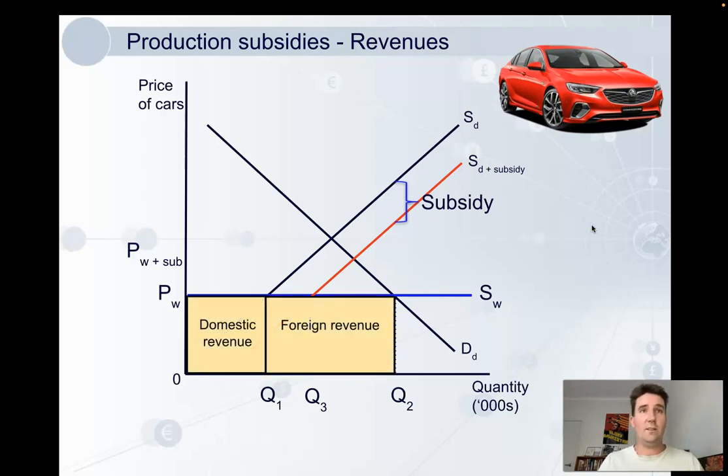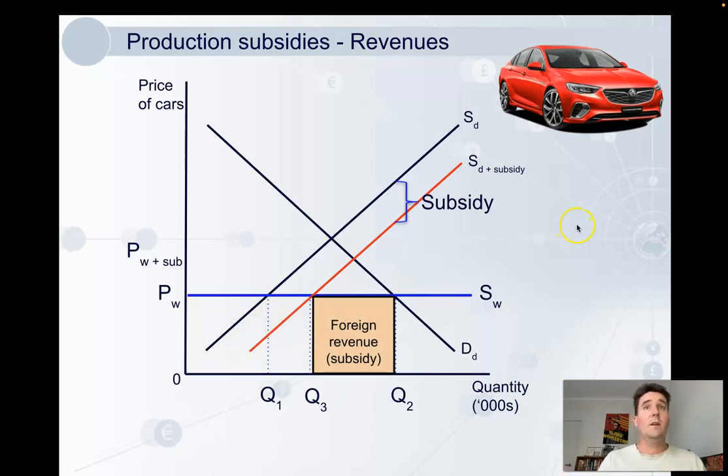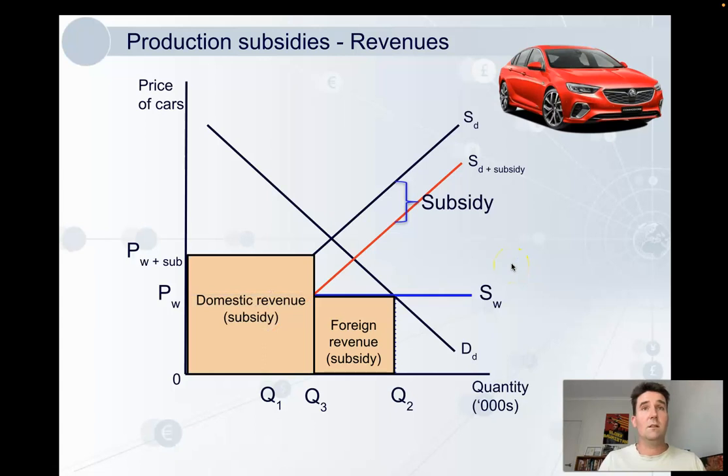Foreign revenue shrinks due to the subsidy because they don't sell as many anymore. Domestic producers are the big winners here. Not only do they sell more cars, but they also get that subsidy money from the government. They get PW from consumers, but adding the subsidy from the government, they effectively receive PW plus subsidy.